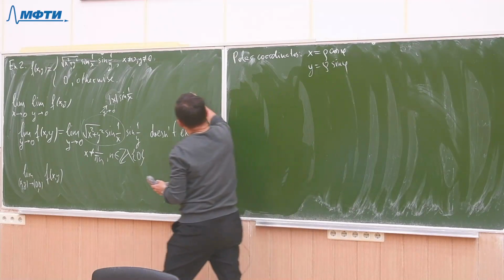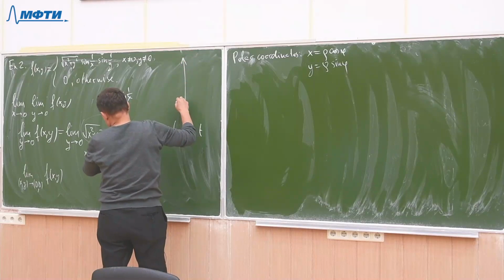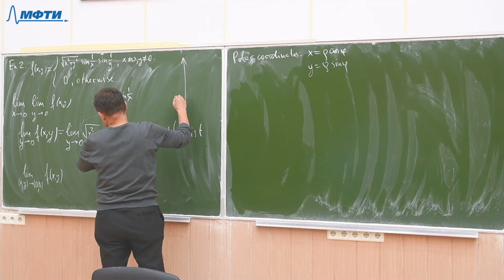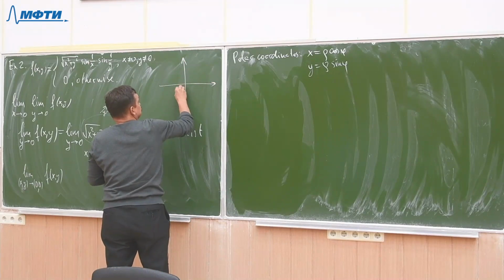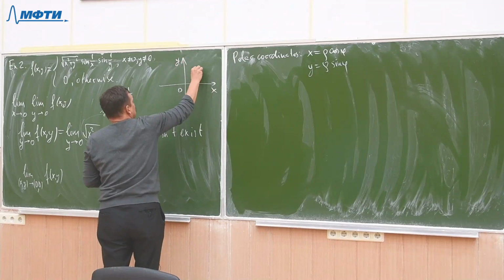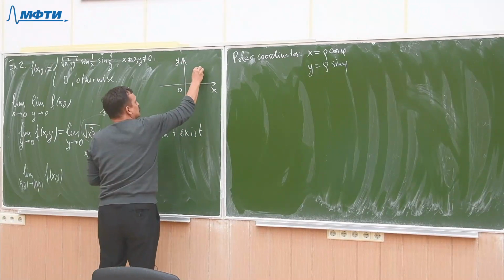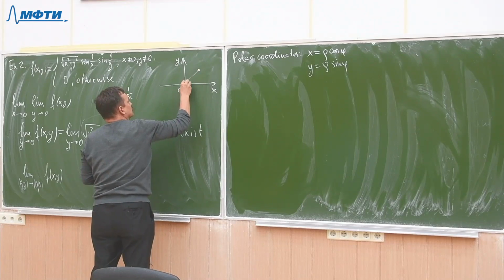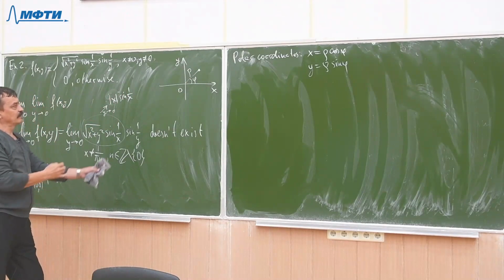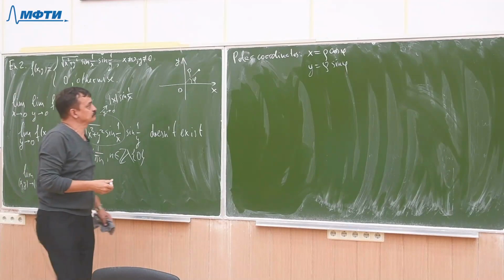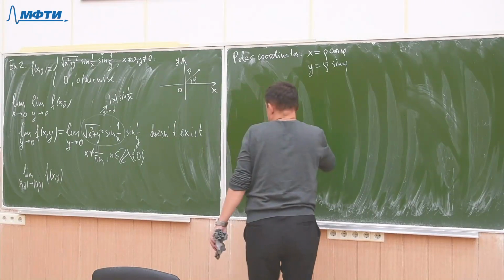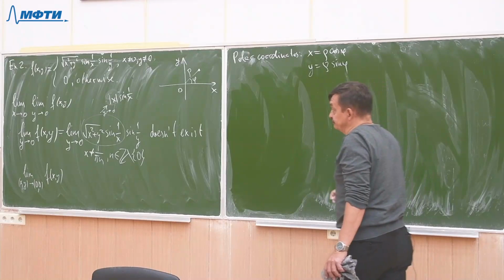So I take x, y is a point, that is rho, that is phi, angle phi. Polar coordinates. So let's substitute.